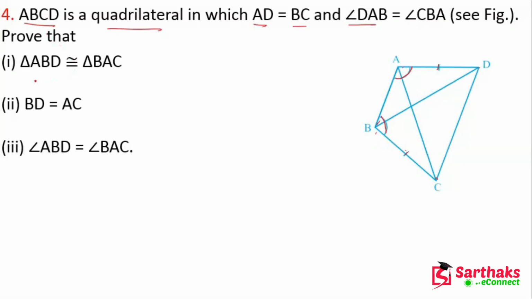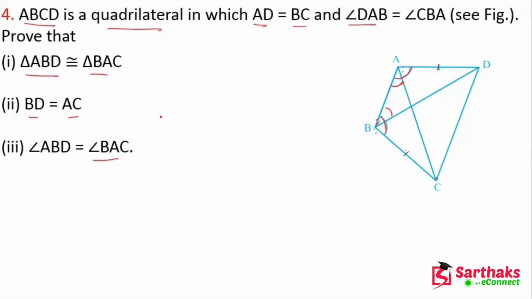Now we have to prove, first, triangle ABD is congruent to triangle BAC. Second, BD is equal to AC. And third, angle ABD, this angle, is equal to angle BAC, this angle.